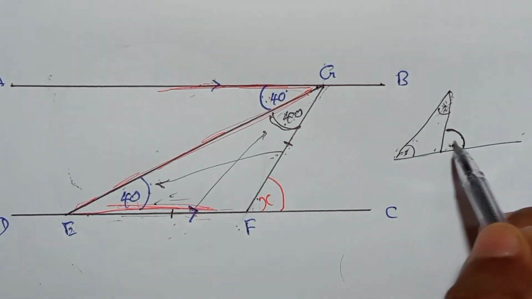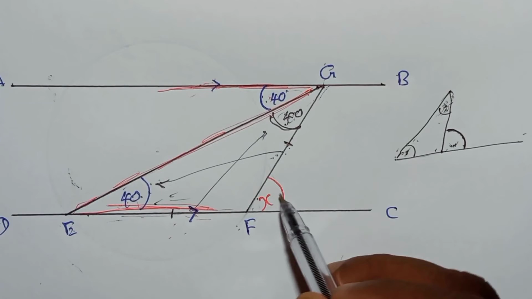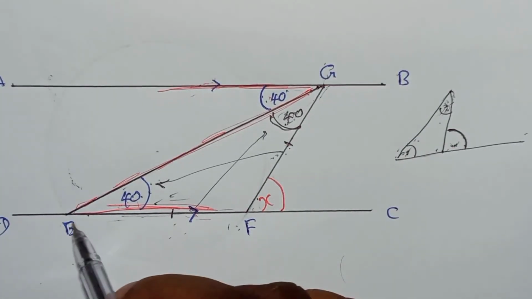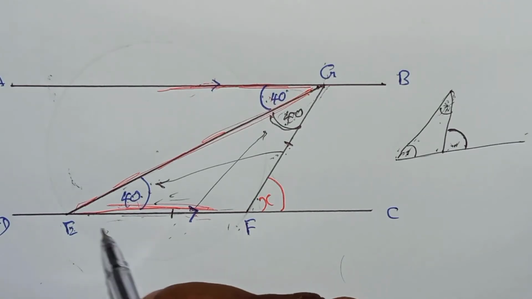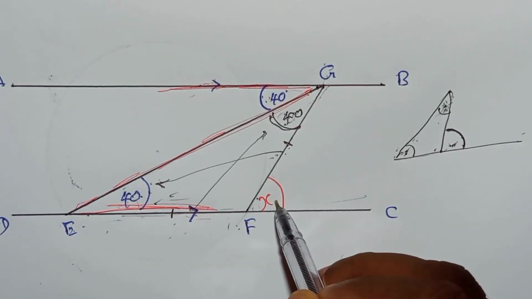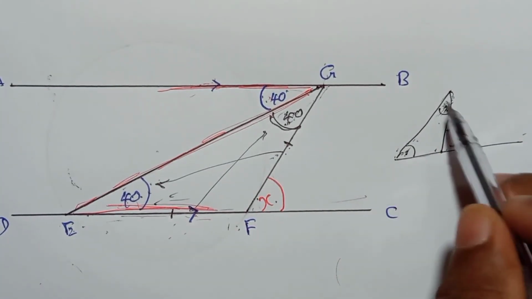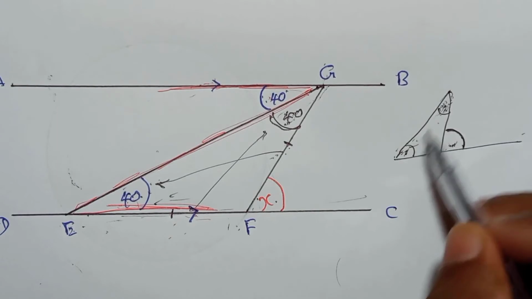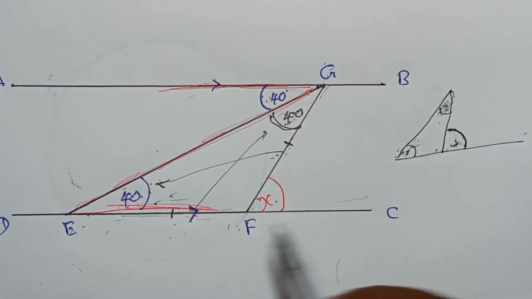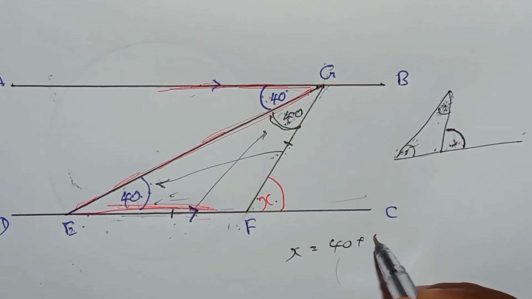When you add these two, it will be equal to this. If this is 40, then in triangle EFG, if you extend this side, that means side EF, this is the exterior angle, and it will be equal to this plus this, right? So like that way you can tell x equals 40 plus 40.